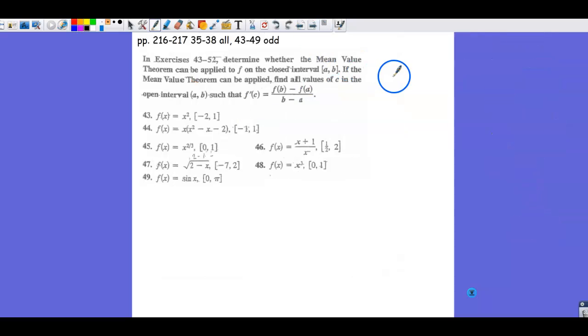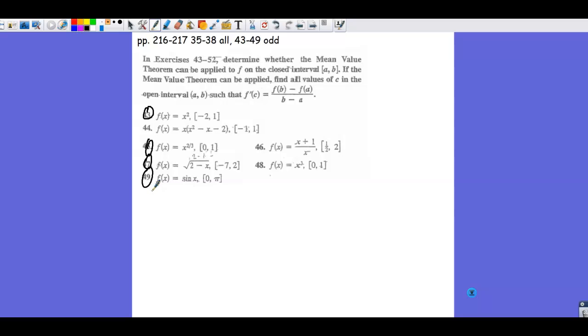And now we have 43 to 49 odd, already did 35 to 38. So 43, 45, 47, 49. I'm going to do one of these that's pretty directly algebraic, and then maybe one that's not.